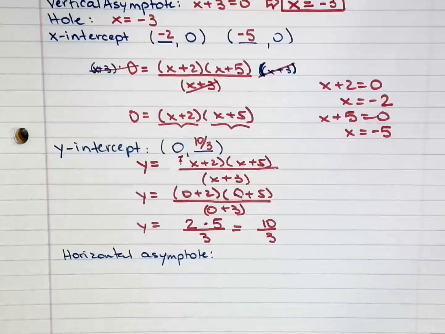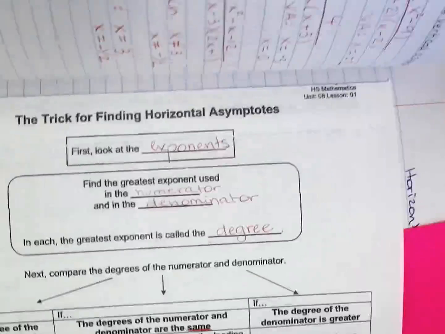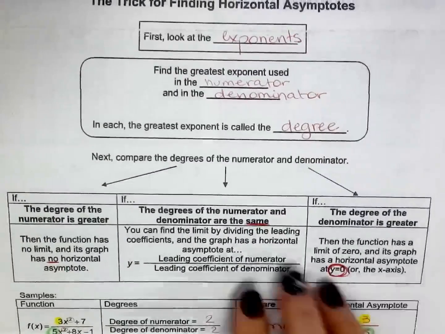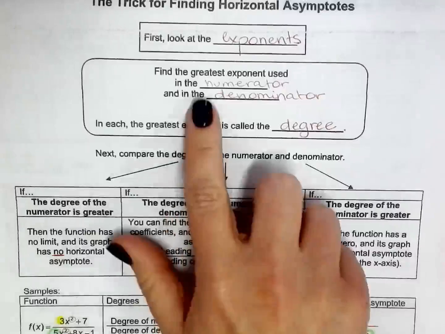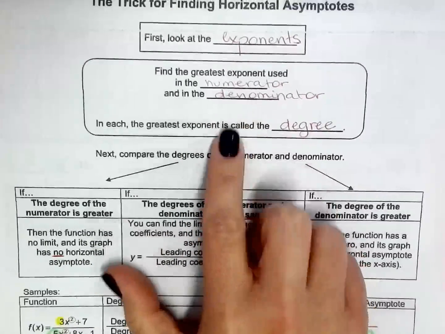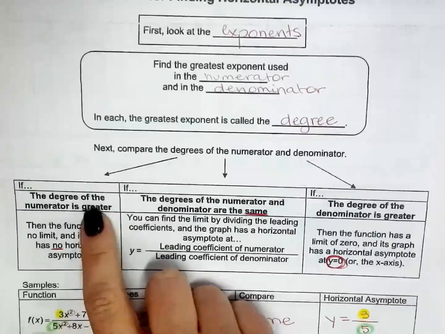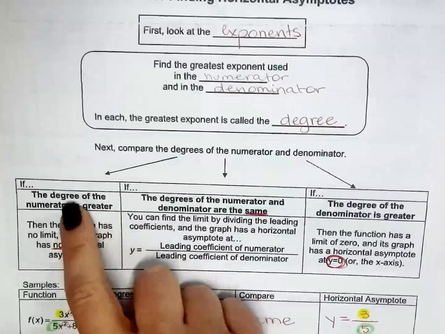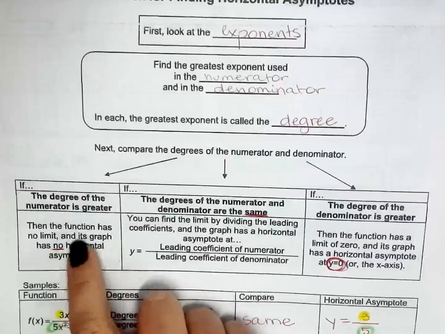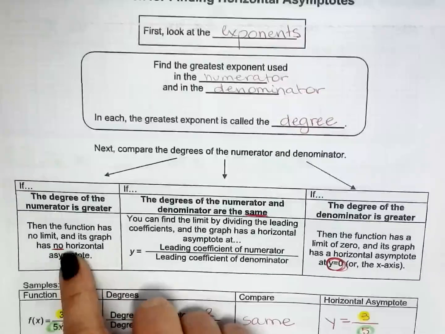Now, I have a little cheat sheet over here that I've used for years. If you had me for Algebra 1, you probably remember. So the trick here, you will compare the degree of the numerator and the denominator. If the degree of the numerator is greater, then you have no horizontal asymptote.